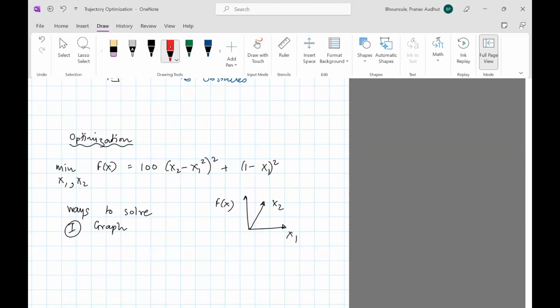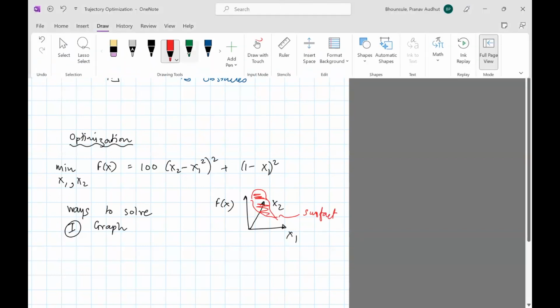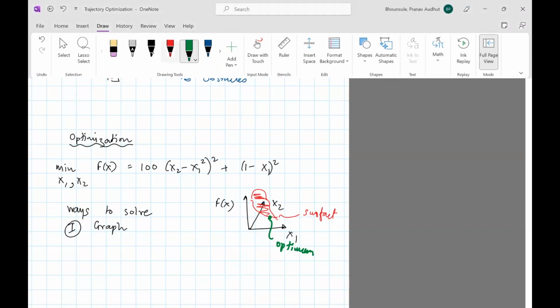Something in 3 dimensions in this case is going to be a surface. And the optimum is going to sit right at the bottom, wherever f of x is minimum.